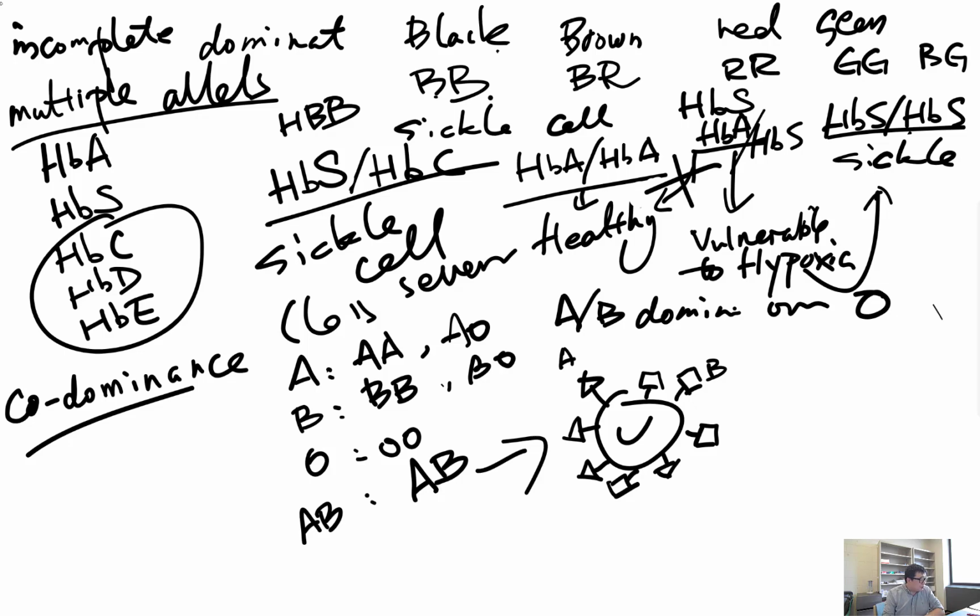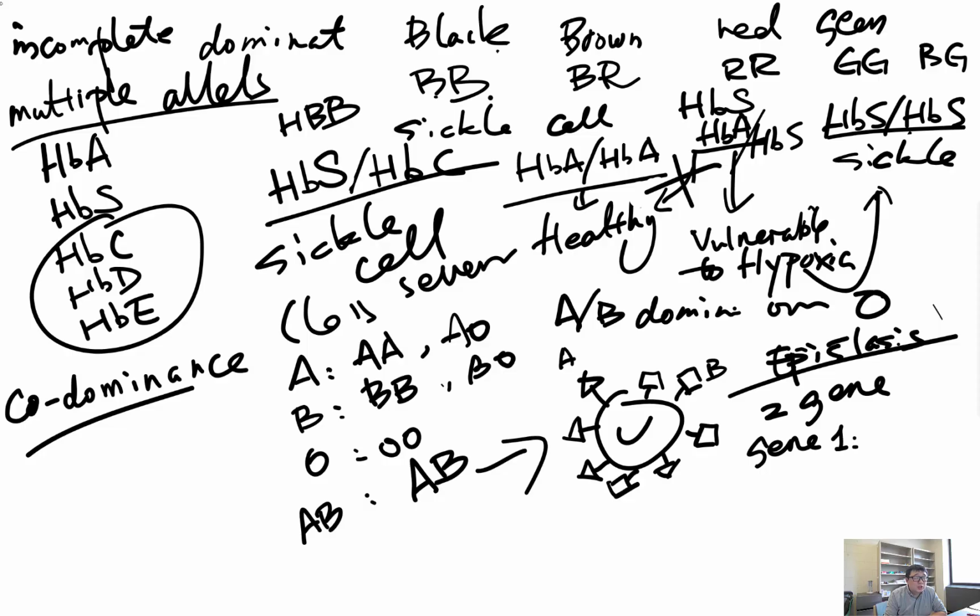And this is one last thing. Technically, epistasis. In the case of epistasis, there are two genes. For example, this is most studied in fur color.